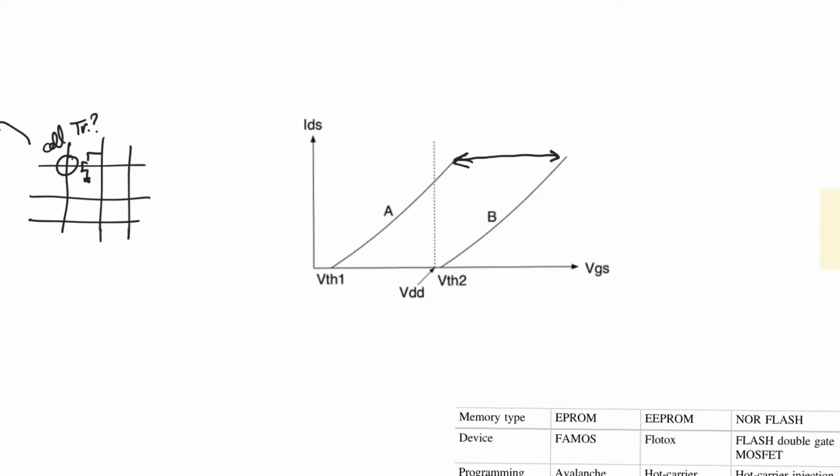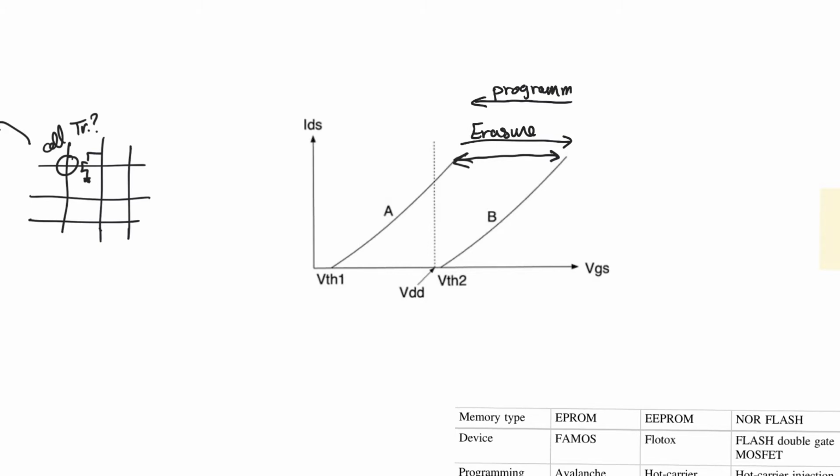So just to set the terminology, when we push the transistor to characteristic B so that it doesn't exist, we don't actually call this writing, we call this process erasure. And when we push it back to characteristic A so that it exists, we call it programming.